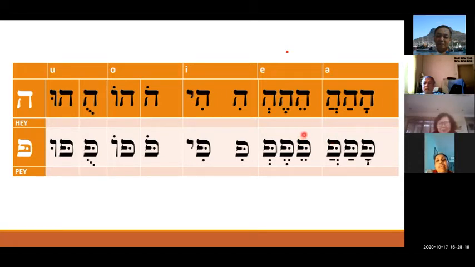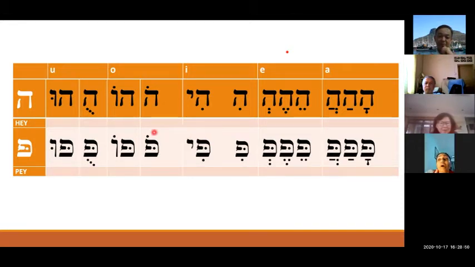Okay. Moving on to the E class vowel. Sere, segol, and assuming this is the vocal schwa. Go ahead. Pe. Pe. Very good. Moving on. With the hirik, pi. Excellent. Hirik yod, pi.